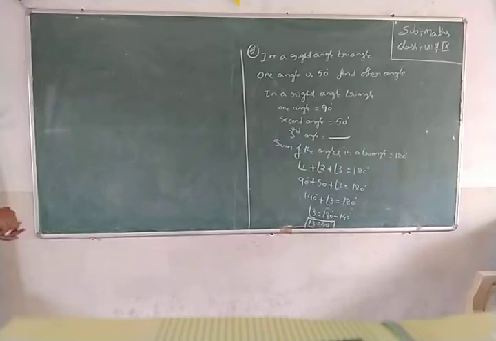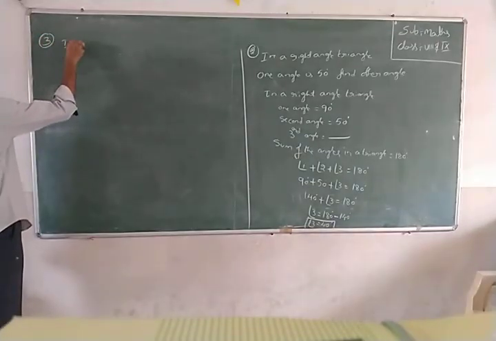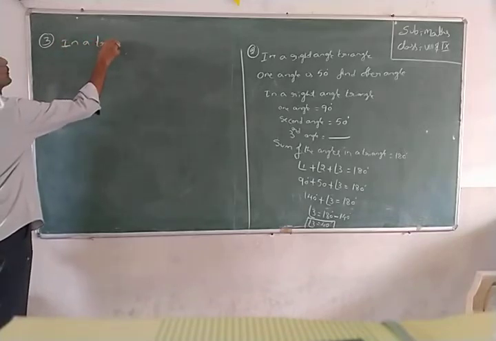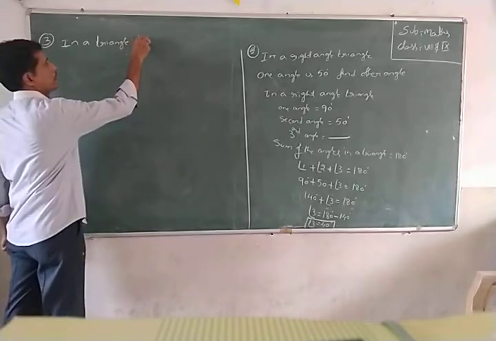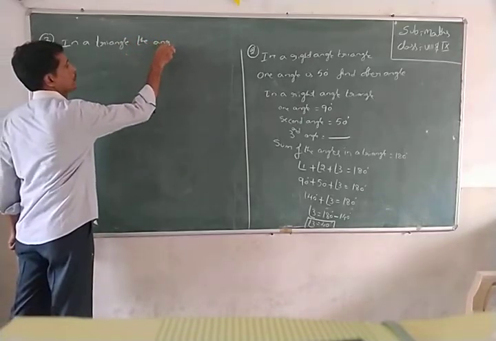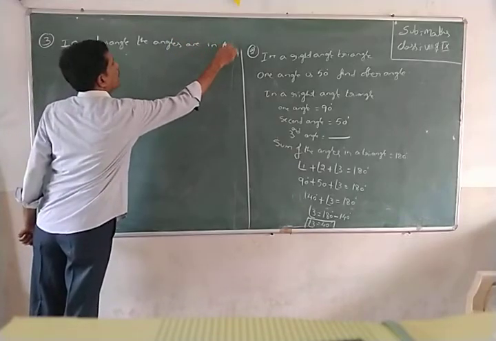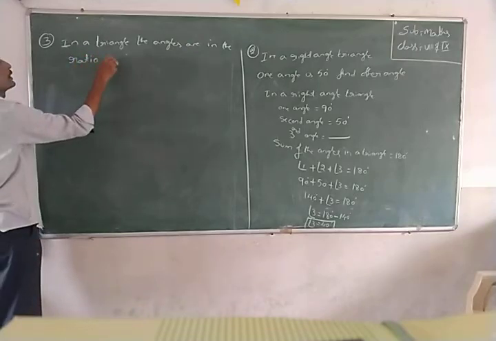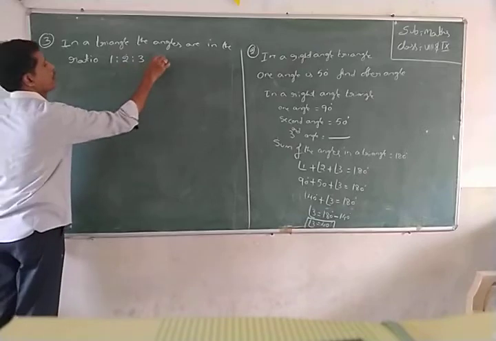Third problem. In a triangle, the angles are in the ratio 1:2:3.